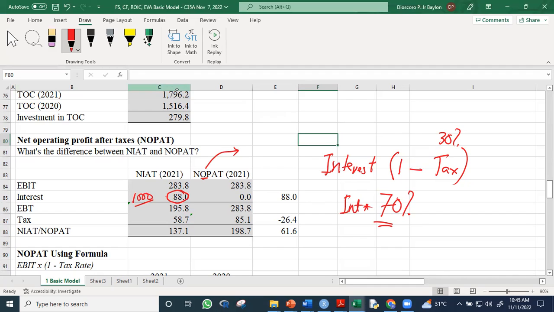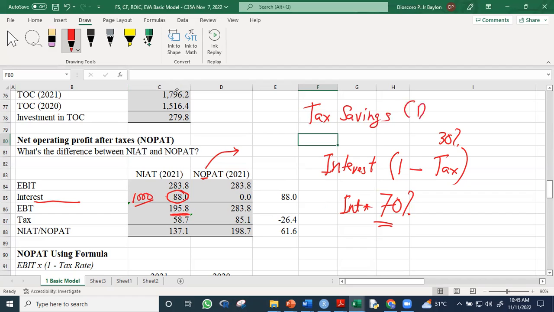No? So ito nga sinasabi natin, pag umuutang yung company, because of the interest expense, bumababa yung taxable income. So the taxable income is reduced, therefore the tax is reduced. So nagkakaroon tayo ng what we call tax savings with the use of debt.